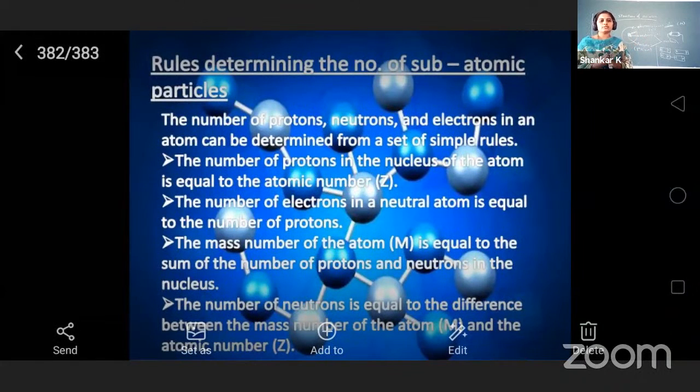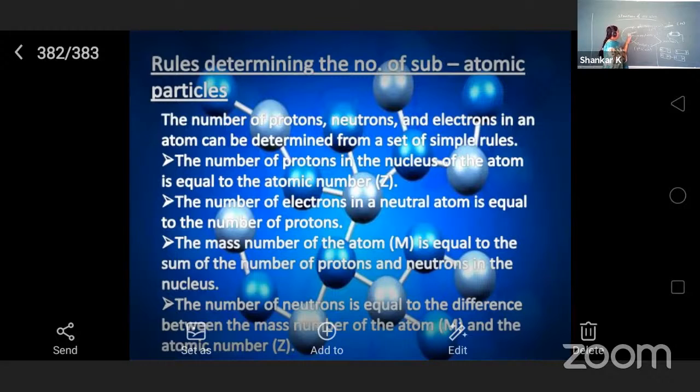The number of protons, neutrons and electrons in an atom can be determined from a set of simple rules. The number of protons in the nucleus of the atom is equal to the atomic number.